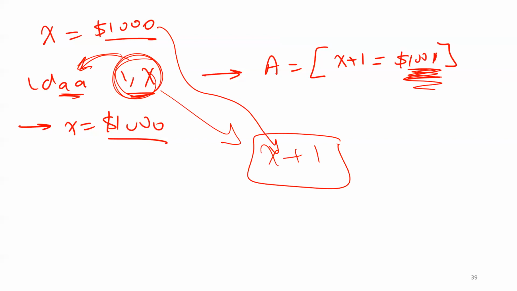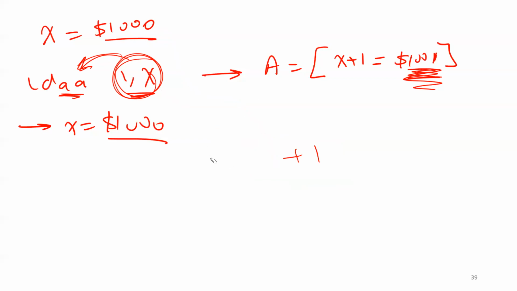I know some students are also confused here. Listen to me. If you pay attention and focus, you are not going to be confused. When I say 1, X, this instruction is not going to change X. This is when I calculate the address. When I calculate the address, X is storing 1000.